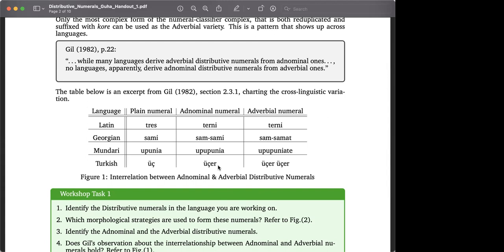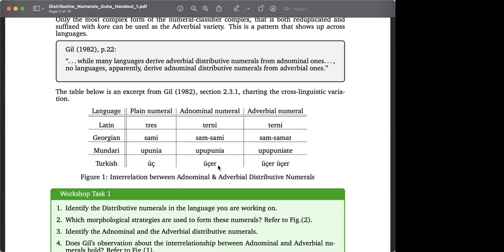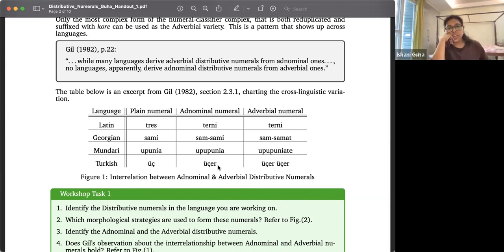But in Latin and Turkish, well, actually, not reduplication. Latin doesn't have anything. But then the reduplication function is adverbial. I didn't know that Turkish had reduplication at all. So I'm quite interested.